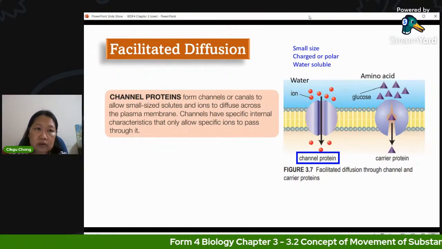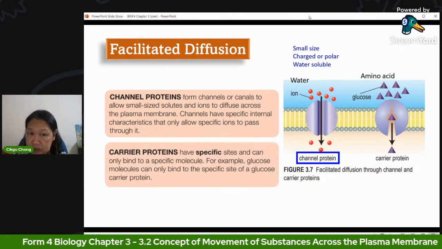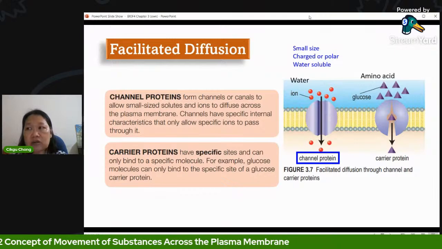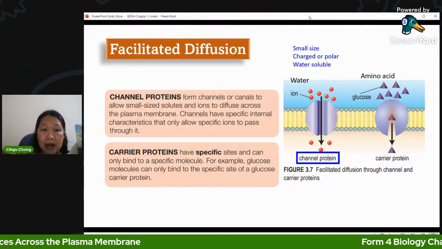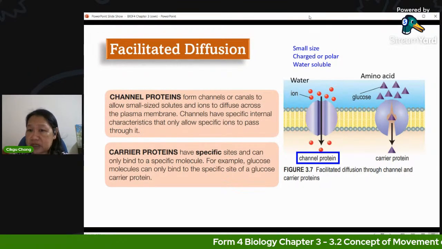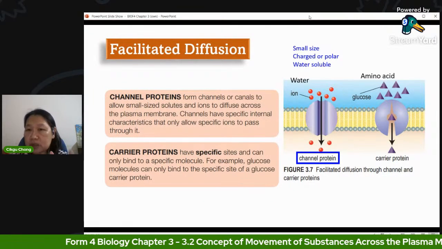The other one, which also uses a transport protein, is the carrier protein. They also have specific sizes. They can only allow specific substances to pass through, because they need to bind. Bind means ikat. They need to bind onto a specific site in the transport protein.